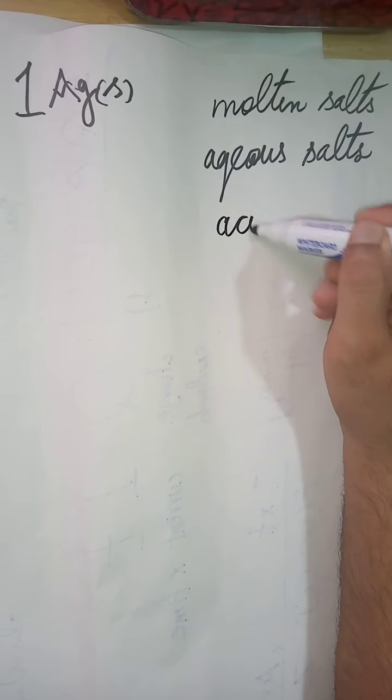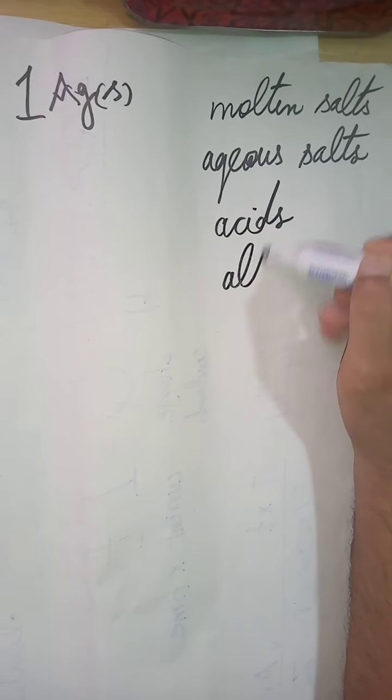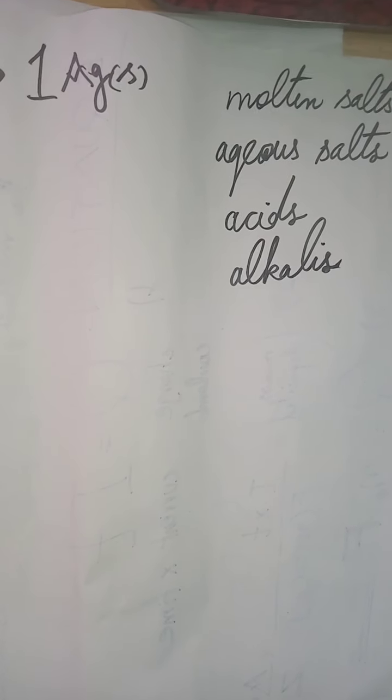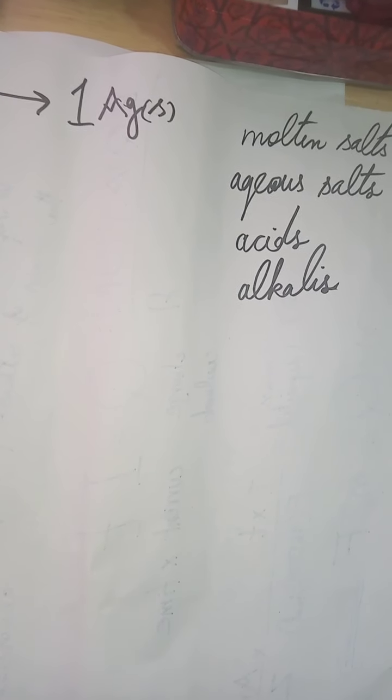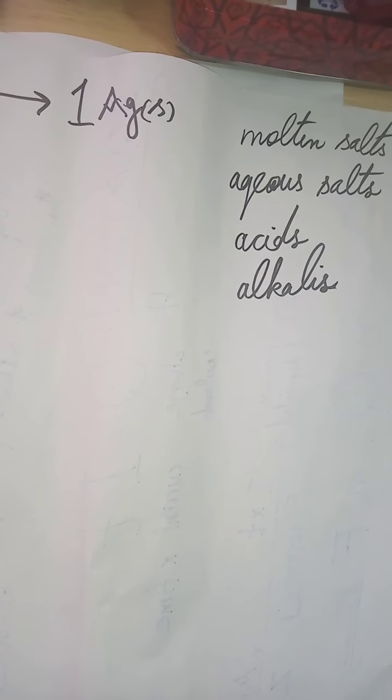Yeah, acids and alkalis. So if I were to ask you, what is the cathode reaction when molten lead bromide is electrolyzed using the carbon electrodes that are very inert? How many moles of electrons are gained by lead ions to give 1 mole of lead?